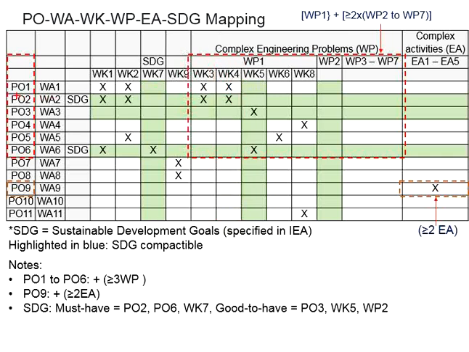Since you are dealing with PO2, which is addressing the WA2, you will need the complex engineering problems, as this falls within the box here. With that, you have WK4.